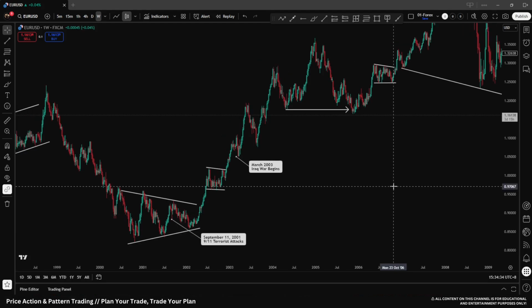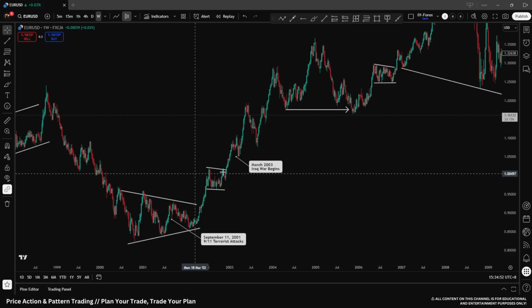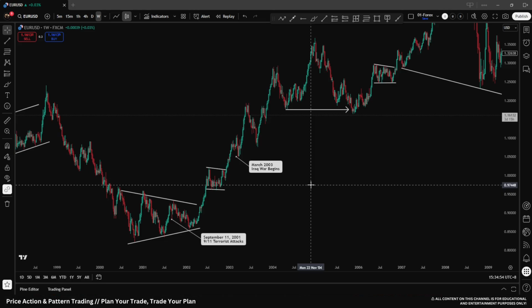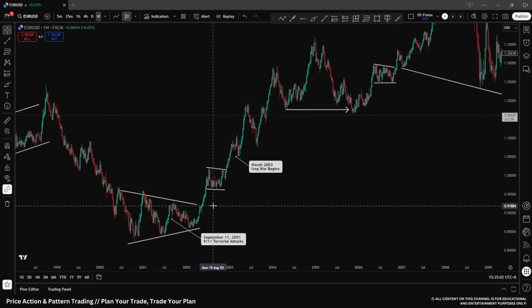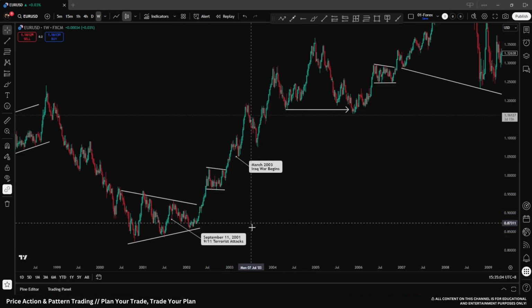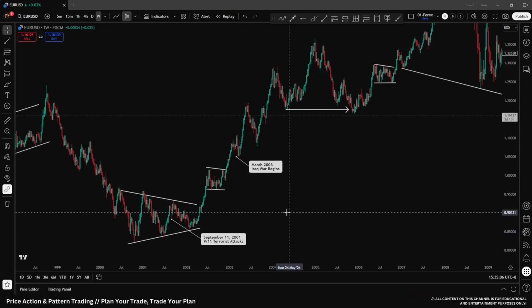And yeah, let's have a look at some events and what they mean, and why certain events have a higher impact than others. We will not discuss every single one in detail. You can have a look at these events yourself. But of course, some major events: shortly before the introduction of the euro as a physical currency, we had the September 11 terrorist attacks.